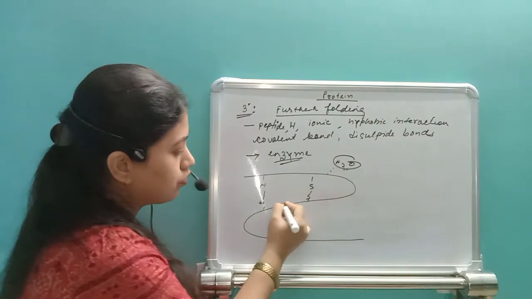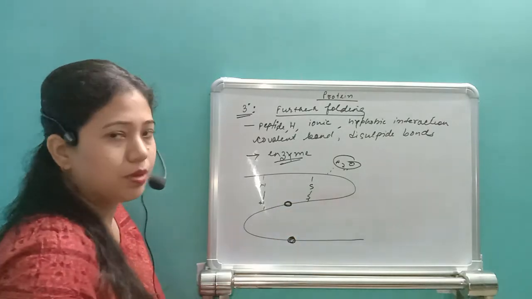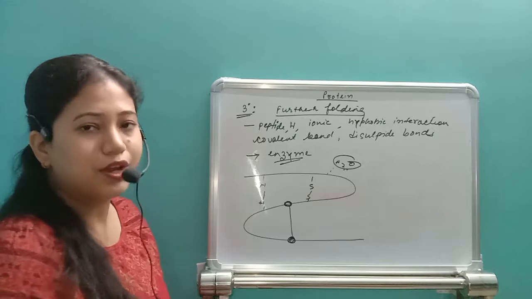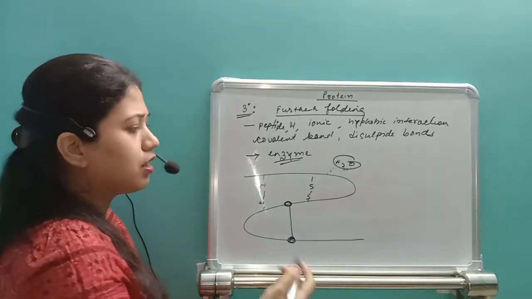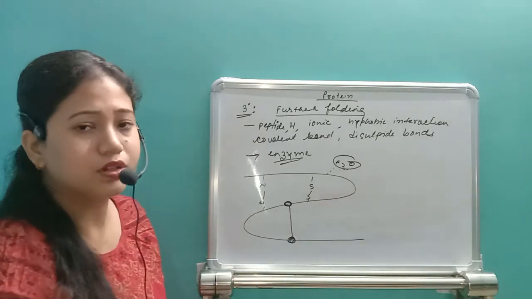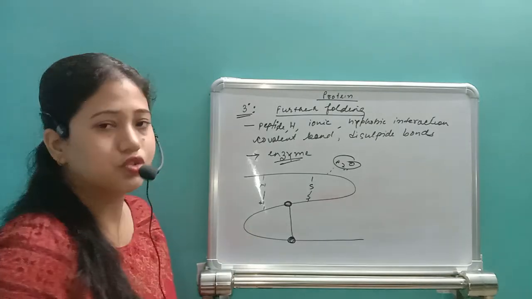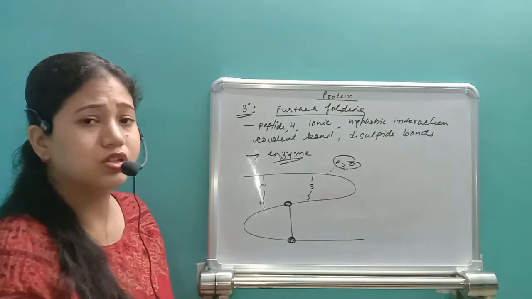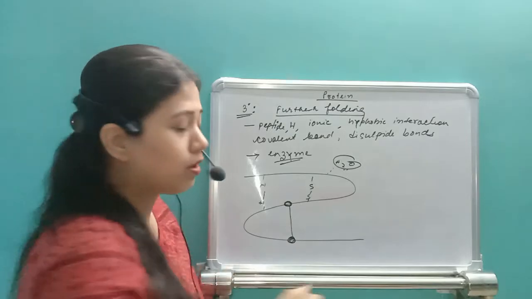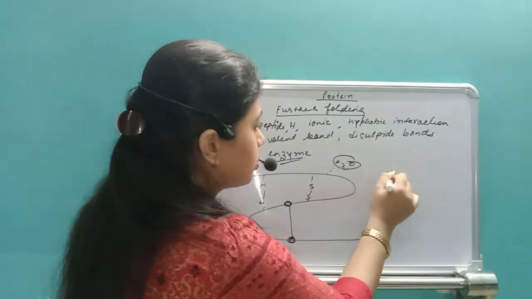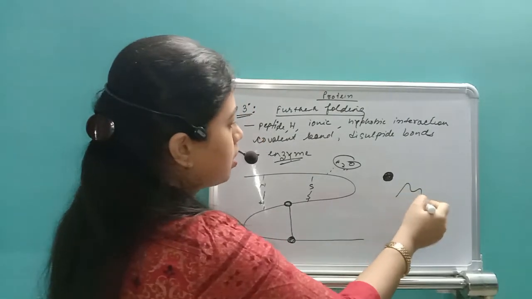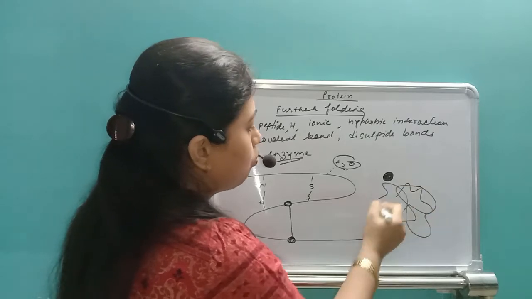Then here we have a hydrophobic part, and in between these two we have hydrophobic interaction, then van der Waals interaction. This type of interactions can be found in the tertiary structure. Suppose here this structure will be a wool-like structure.